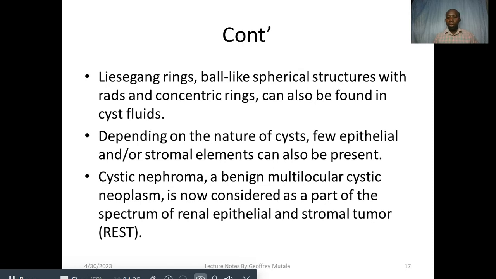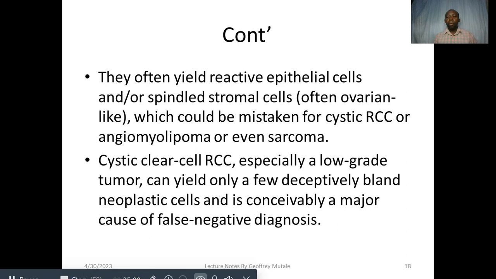So depending on the nature of cysts, few epithelial and or stromal elements can also be present. Cystic nephroma, a benign multilocular cystic neoplasm, is now considered as a part of the spectrum of renal epithelial and stromal tumors.